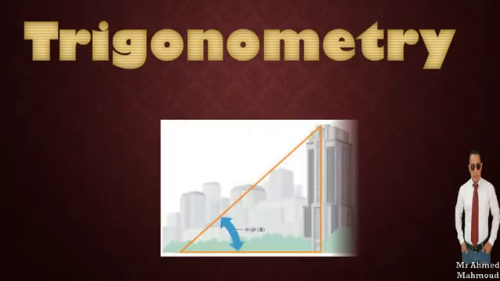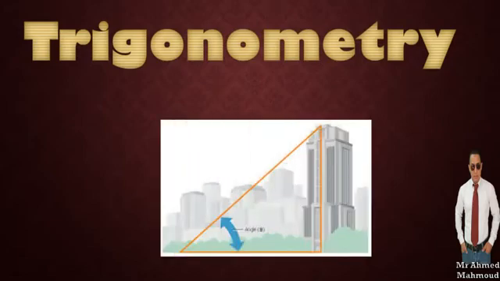For example, by looking at this building, we make the shape a right angle triangle like this, in which the building itself is the side of the right angle, the distance between the observer and the base of the building is the base of the triangle, and the distance between the observer and the height of the building is the hypotenuse of this triangle.